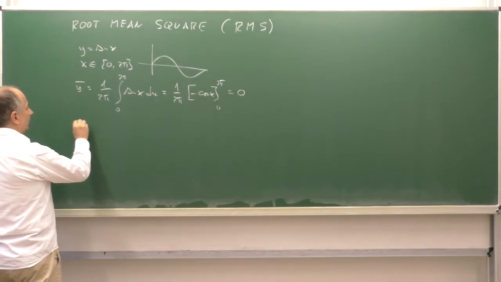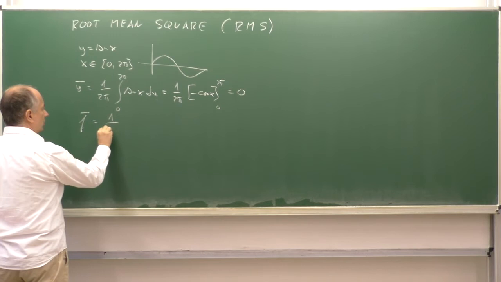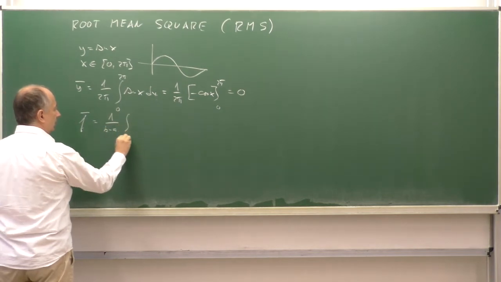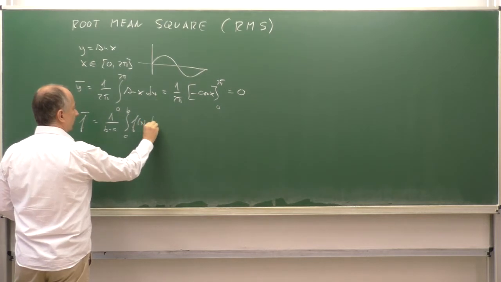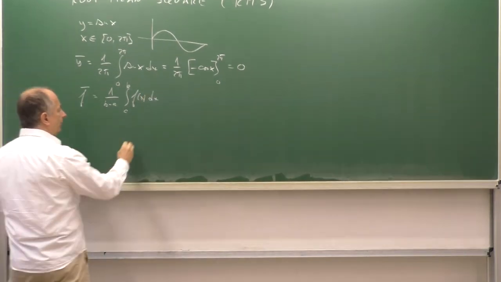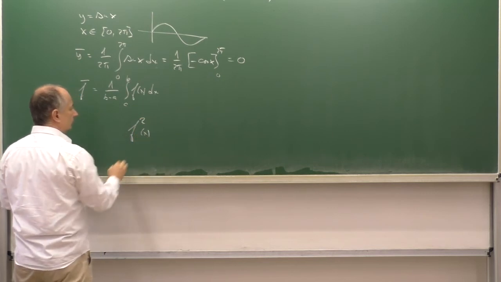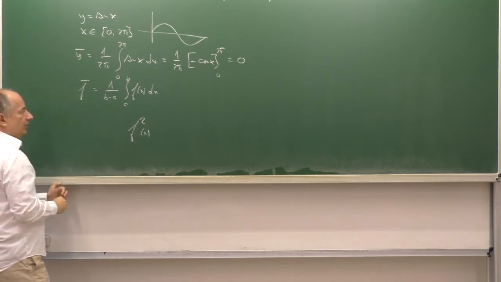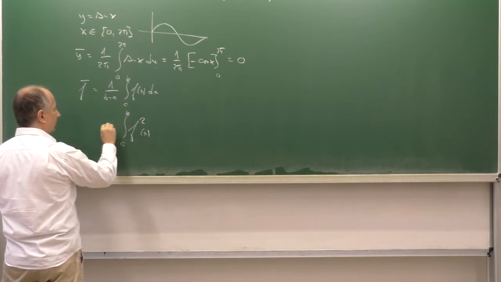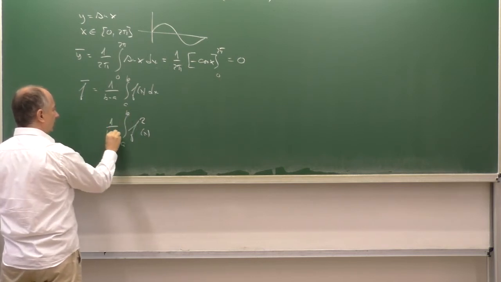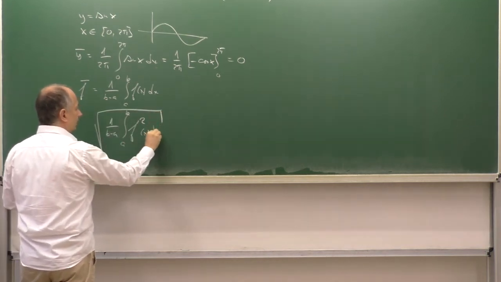So instead of considering f average as 1 over b minus a, integral from a to b of the function, we first consider f square, then we average this, meaning integrating from a to b and dividing by b minus a, and then we take the square root of that.